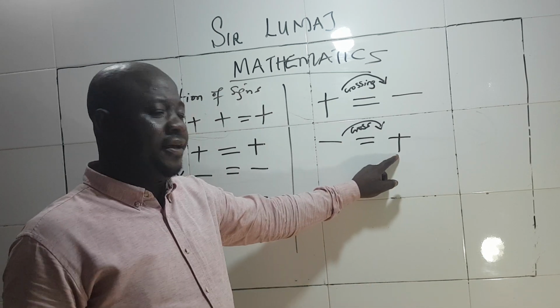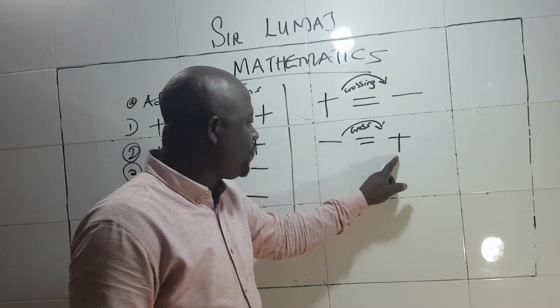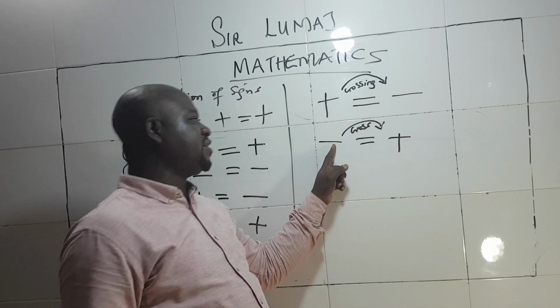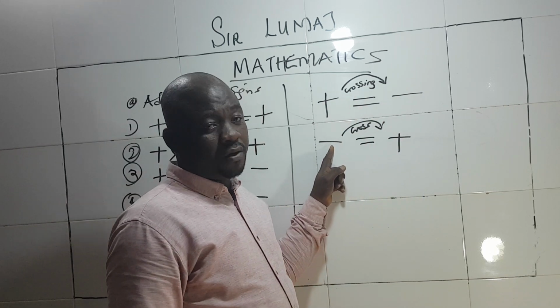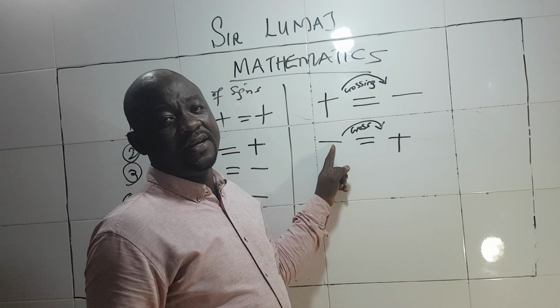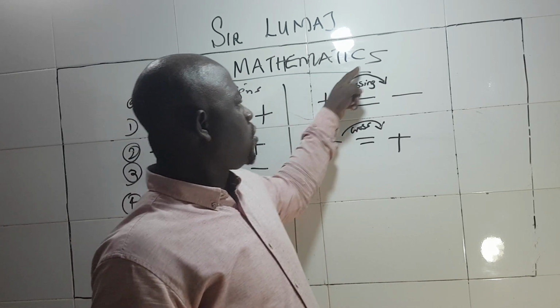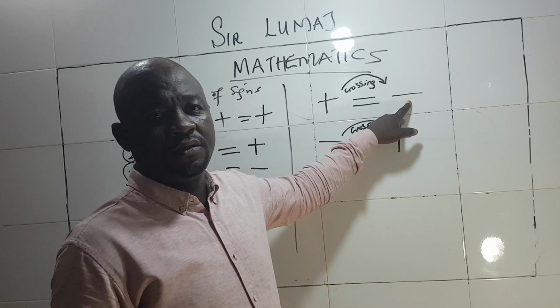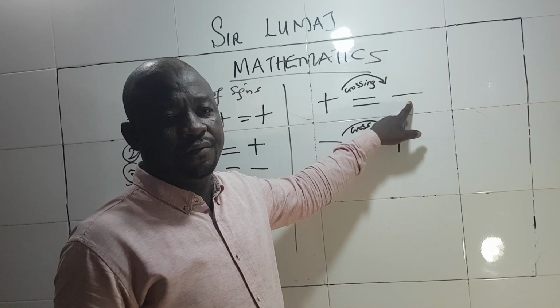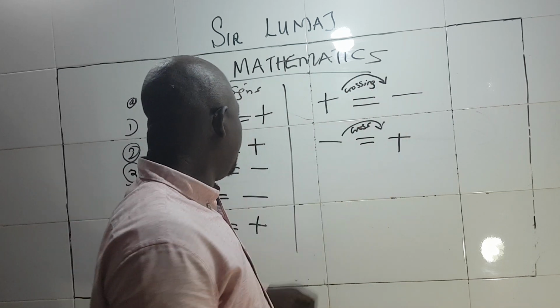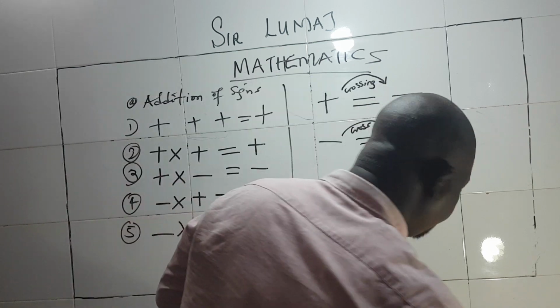It becomes plus sign. The same way, if a plus sign is coming back to this side, it becomes what? A negative sign, that's minus. The way we have plus crossing to this side becoming what? Negative or minus. I will illustrate this in an equation.